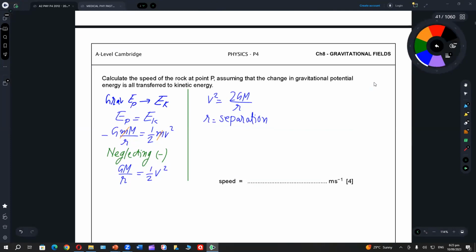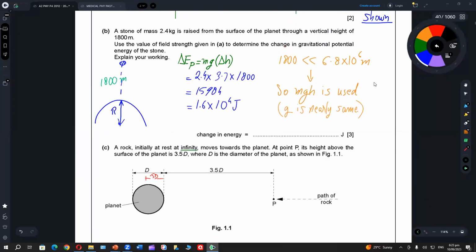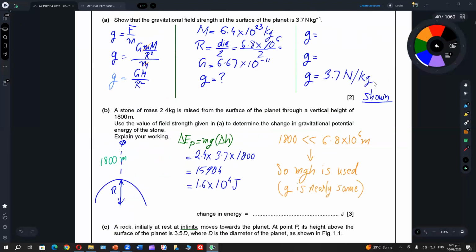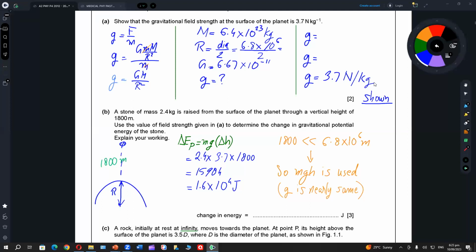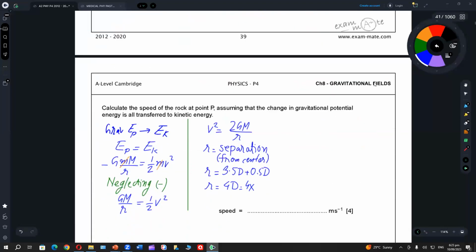Remember, separation diameter was given in the start. Diameter is 6.8 times 10 power 6.